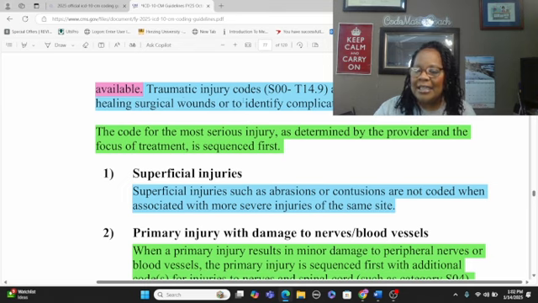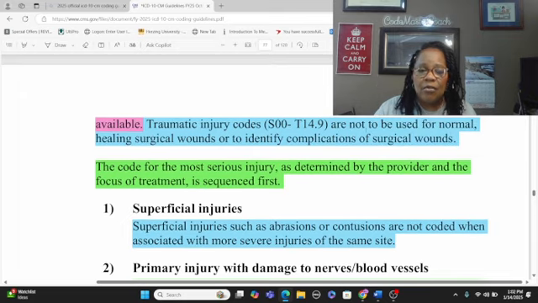And then traumatic injury codes S00 through T14.9 are not to be used for normal healing surgical wounds or to identify complications of surgical wounds.